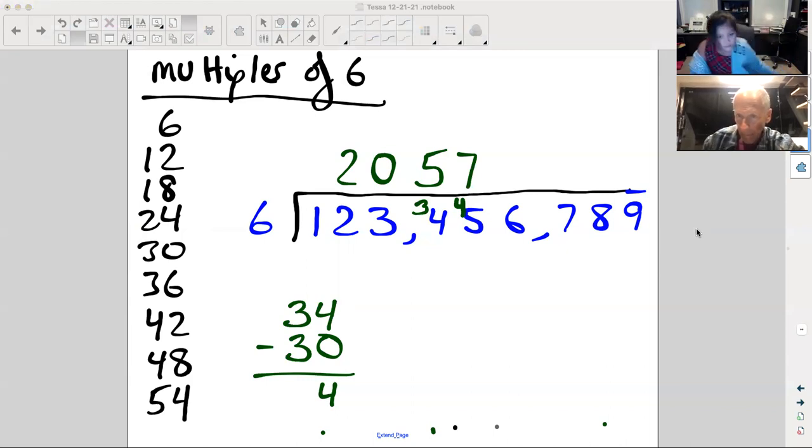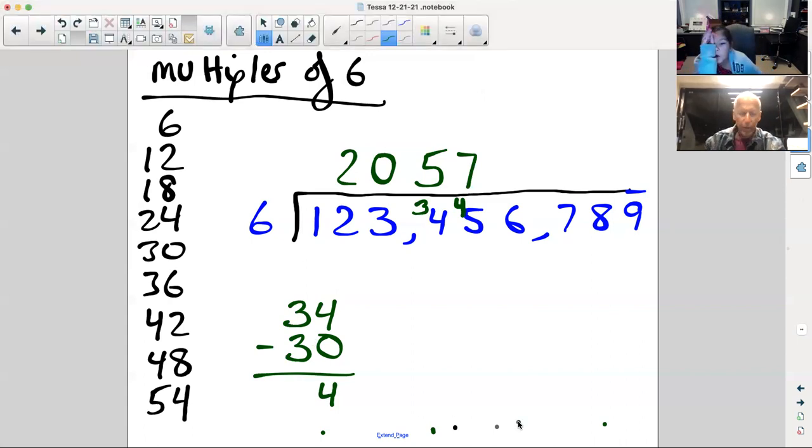Wait, what do I write to get the remainder? You have to subtract one number from another number. What are you going to subtract? 45 minus 7. Tessa, do you really think you're taking 45 and subtracting 7? Tessa, look what you did over here.